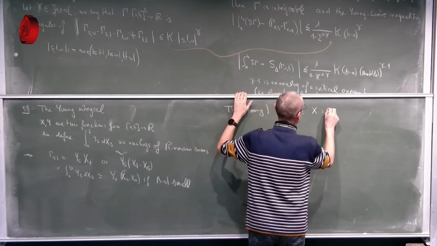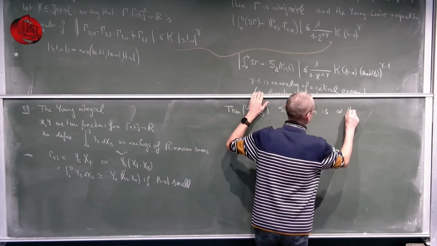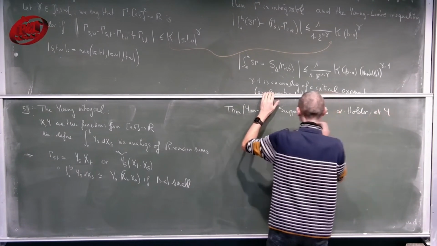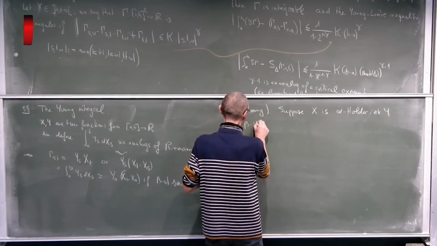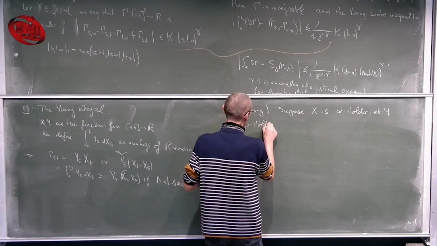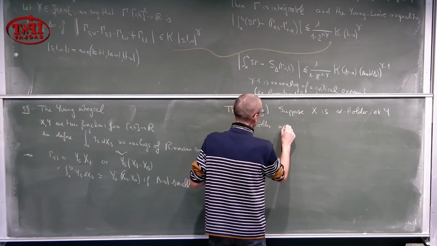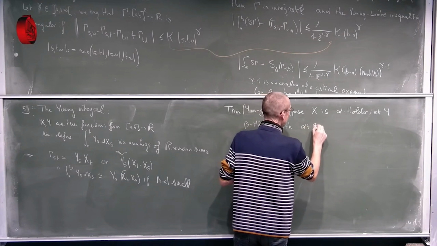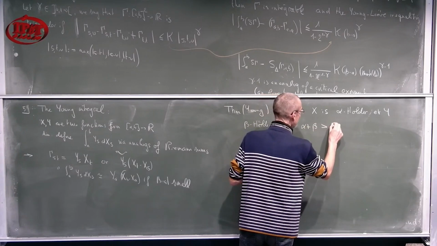X is alpha Hölder, and Y is beta Hölder, with alpha plus beta strictly larger than 1.